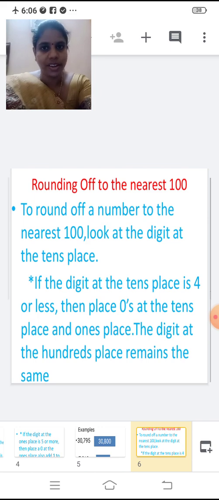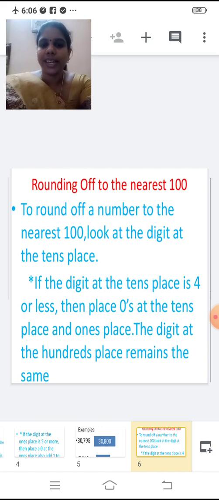Rounding off to the nearest 100. To round off a number to the nearest 100, we have to see the digit at the tens place.